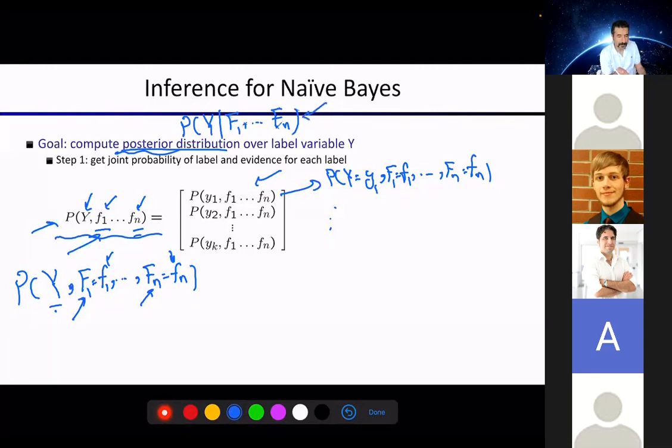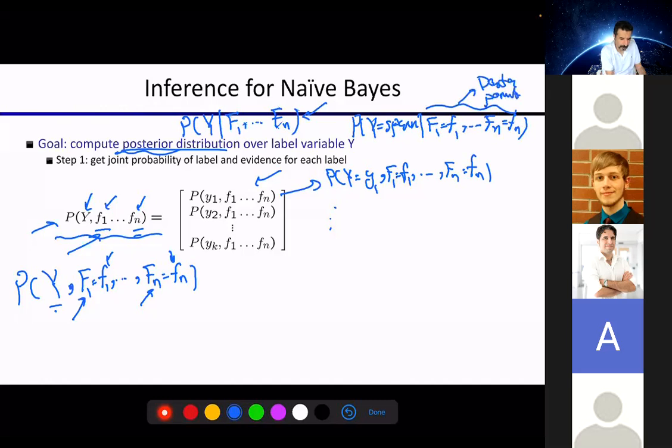And once we have this conditional probability as a model, once we get data, we can ask what is the probability that y is spam given f1 is a particular value and fn is a particular value, and these are coming from the data point that you give to the model.